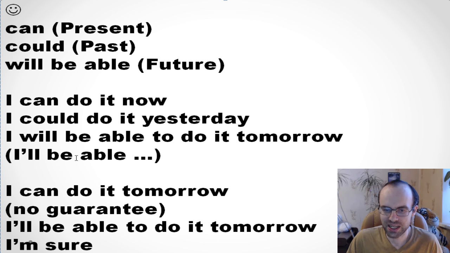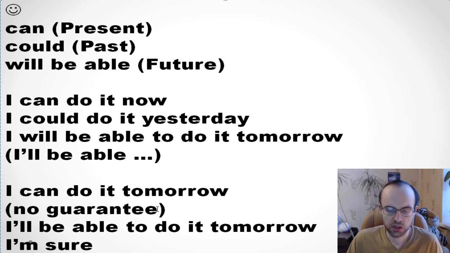Okay, let's get back to your question. I can do it tomorrow. Can I say it? Yes. So sometimes we can use can when we talk about the future. But if you say, I can do it tomorrow, it means that there is no guarantee.